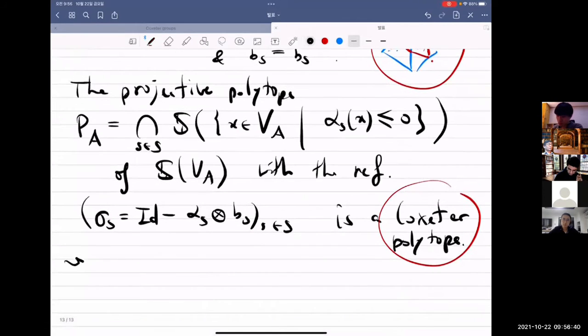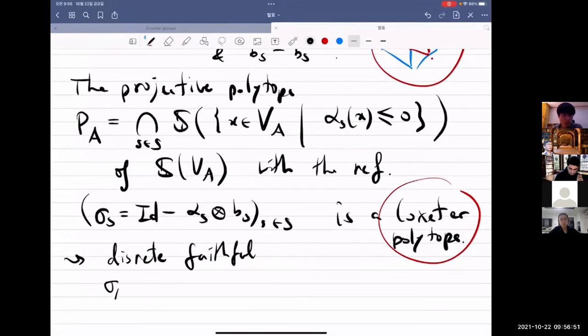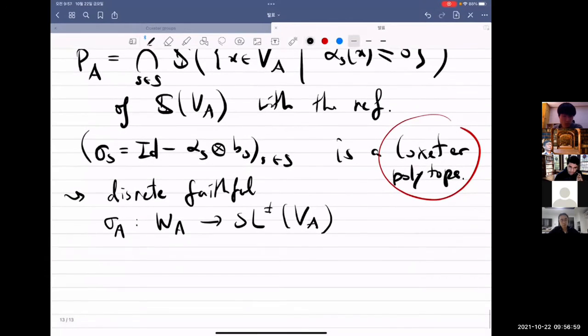So in the same way, this will induce the discrete and faithful representation sigma A, which is WA to SL plus minus VA. And then I will denote gamma A as sigma A of WA.